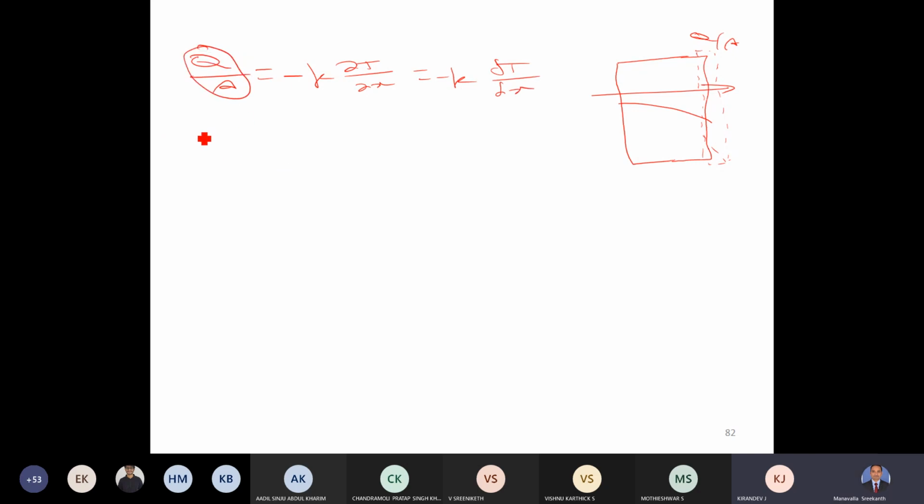So Q by A at x is equal to 50 millimeters. Let us say this is the x measurement direction. So x is equal to 0 and x is equal to 50 if we are measuring like this. Then Q by A at x is equal to 50 is minus K dT by dx.